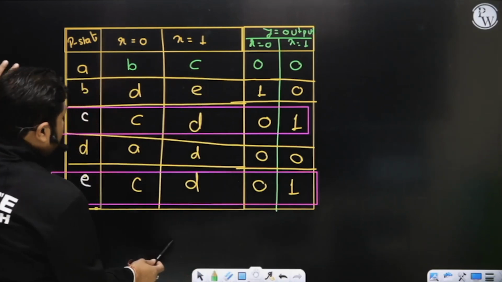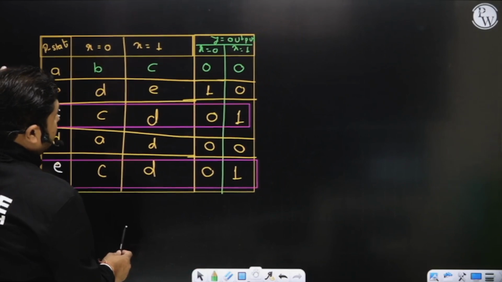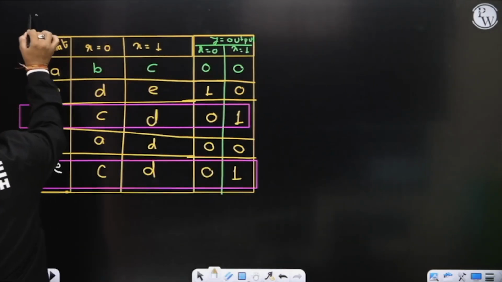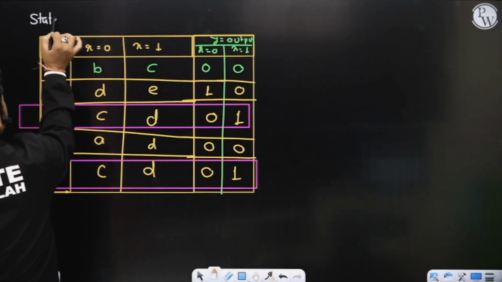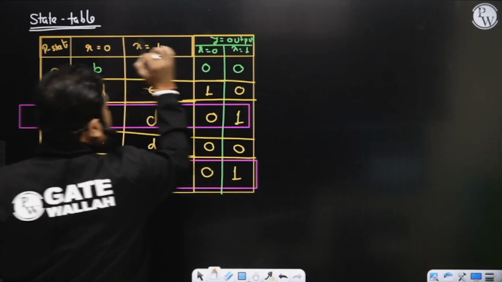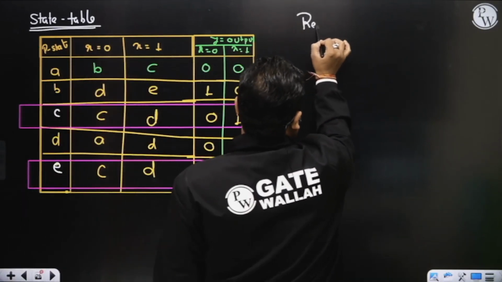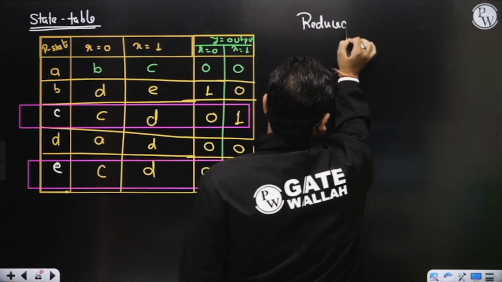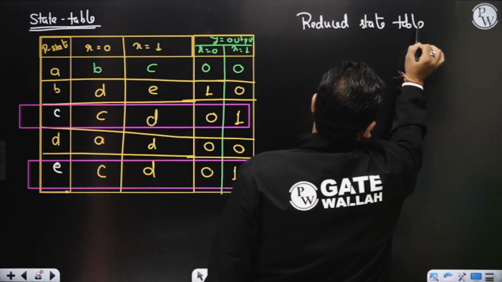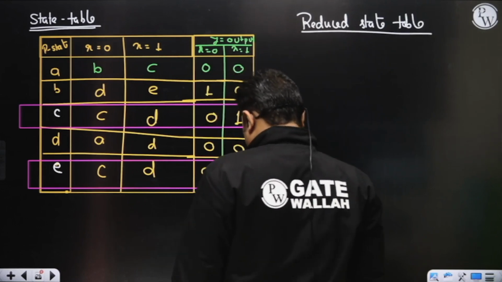So I am interested to construct a reduced state table. This is your state table obtained from the state diagram. Now how to write the reduced state table? Very easy.